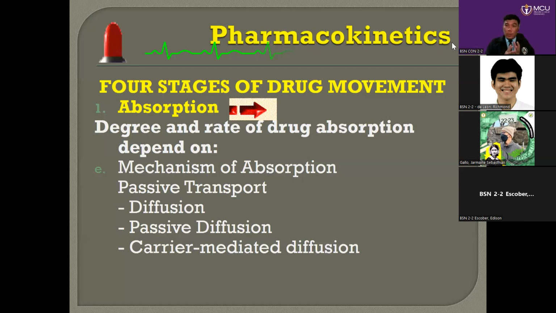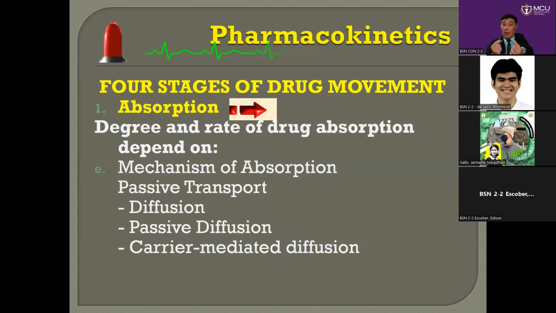If we define diffusion, it's the transfer from the higher to the lower concentration. Every drug, for example, a tablet, the concentration is 100%. As it enters the body and proceeds to the stomach, that is still 100%.